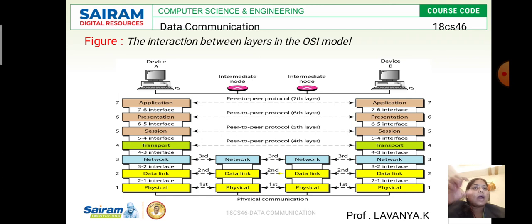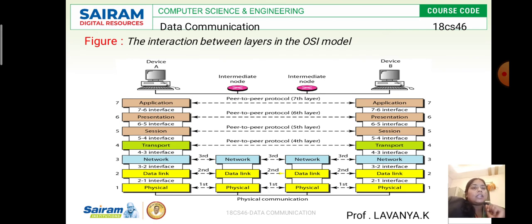In the header they write some address, the physical address, that is, they are labeling it, so that this particular data will be sent to that particular receiver, or will reach the destination. So adding the headers, this is the physical addressing.